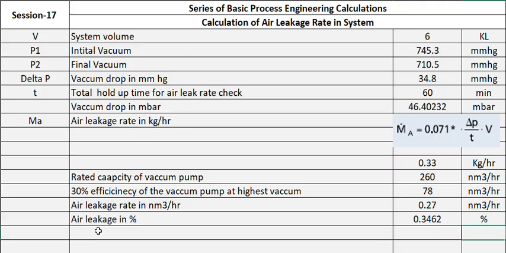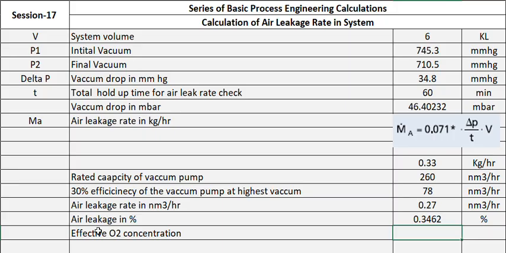Based on that, sometimes you need to calculate the effective oxygen concentration, the effective O2 concentration in case of air leakage, because these are the points you will get during the risk assessment phase.